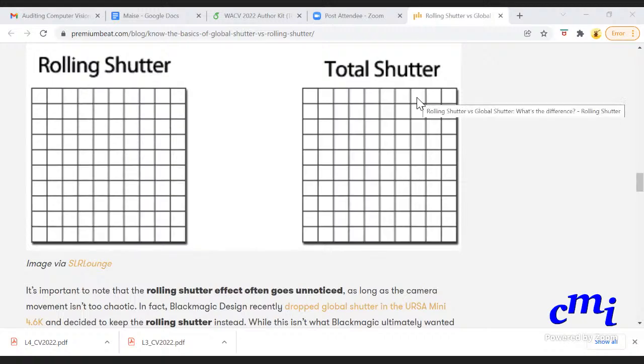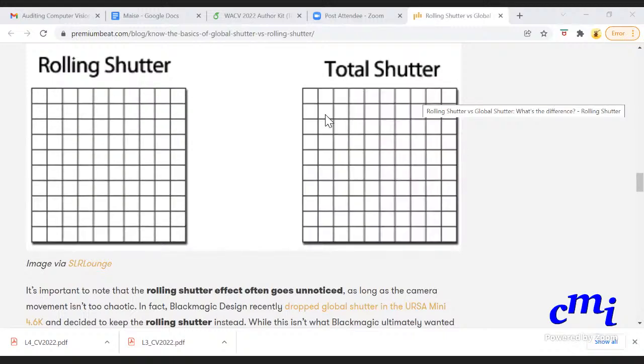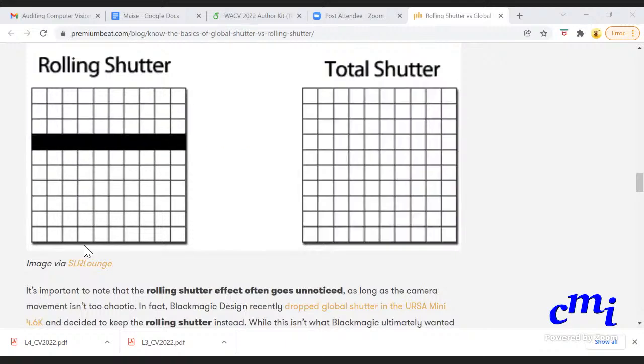This is the difference between a rolling shutter and a total shutter or a global shutter. Is this clear? In a global shutter, you can see this is instantaneous, whereas in a rolling shutter, the first row is not being exposed at the first instant of time, the second is not, the third is not, and so on. So that is the difference.